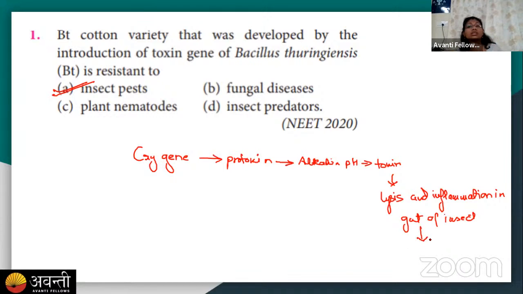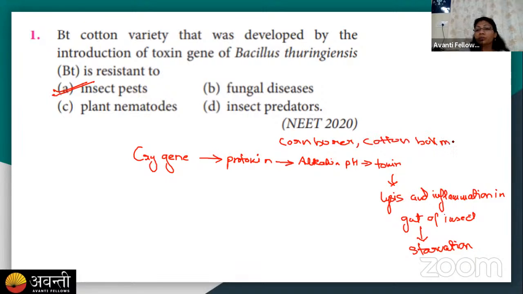Gut inflammation causes a lot of pain, and that pain leads to the insect not being able to eat anything. So the insect ultimately dies of starvation. This is how the gene works, and these pests were corn borer and cotton bollworm, right?